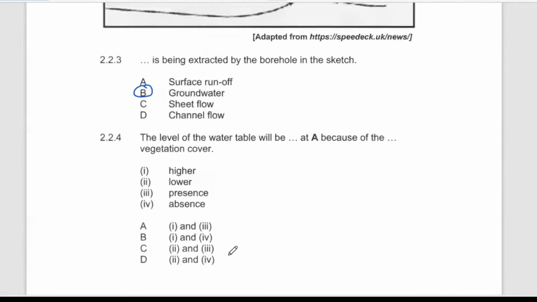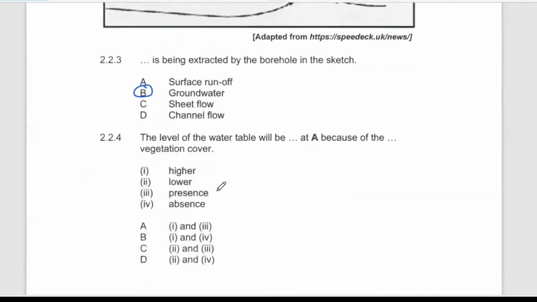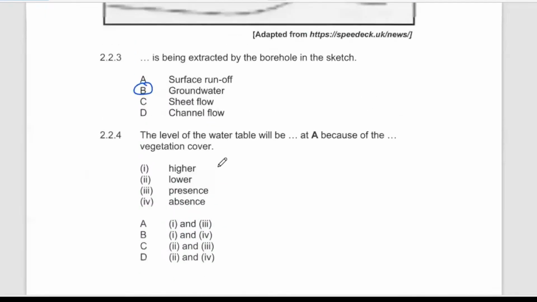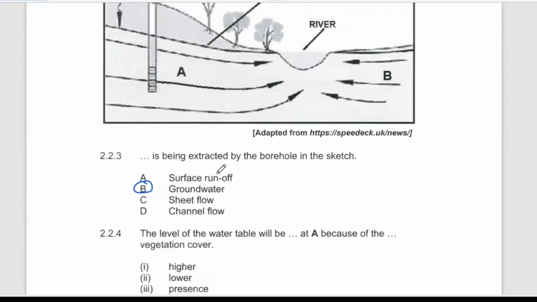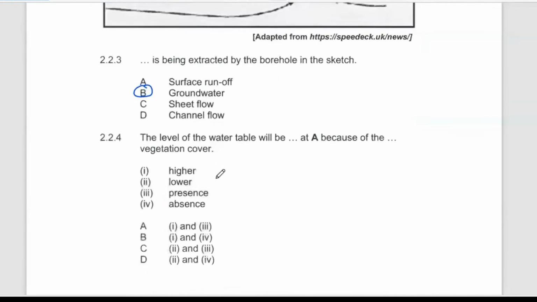Right, if there is vegetation cover, the implication is that it's going to increase the infiltration level of the rainwater into the ground storage. So because of the presence of high levels of vegetation around area A, we are likely to have our water table being higher because there is more water being fed into groundwater storage.